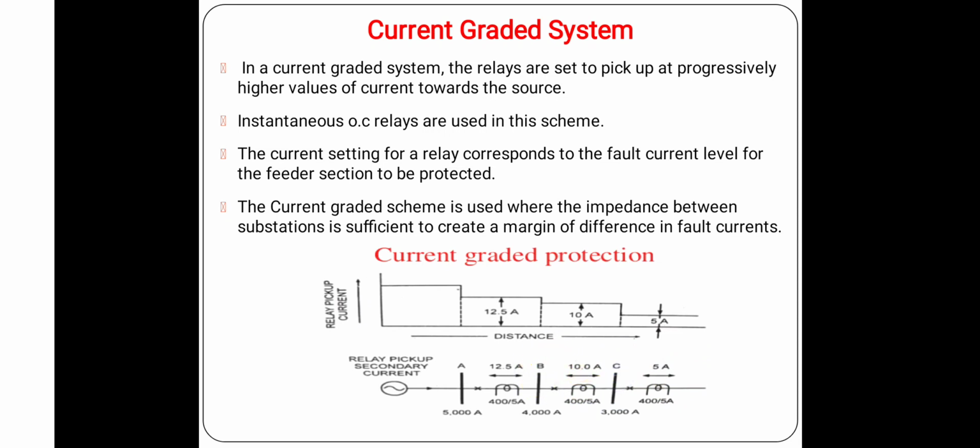When the current increases to 12.5 ampere, the relay installed at point A operates, which protects section AB. But in this current graded system the entire section is not protected. The reason I already discussed.